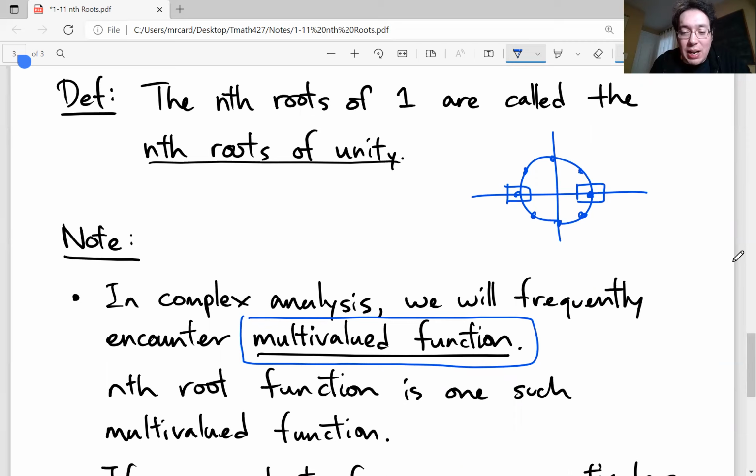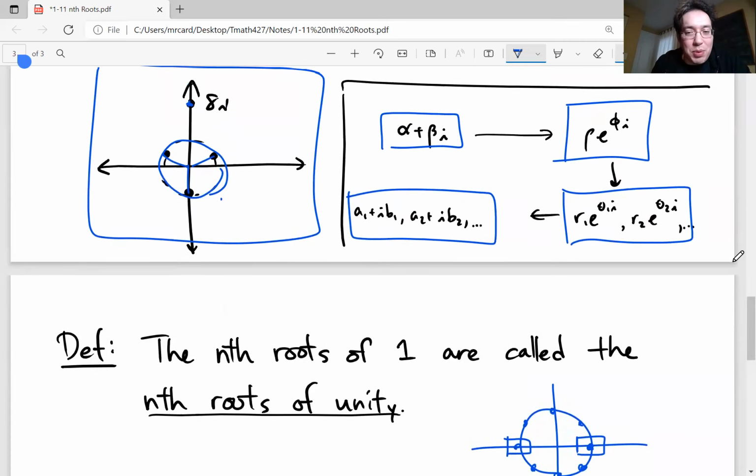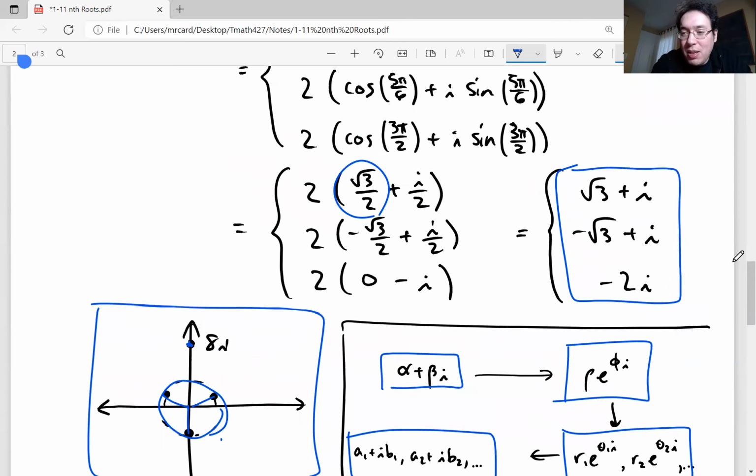You have to specify which one you're taking. In the previous example, there were 3 equally valid answers. So you can't just say, look at the cube root of 8i. You have to pick one.